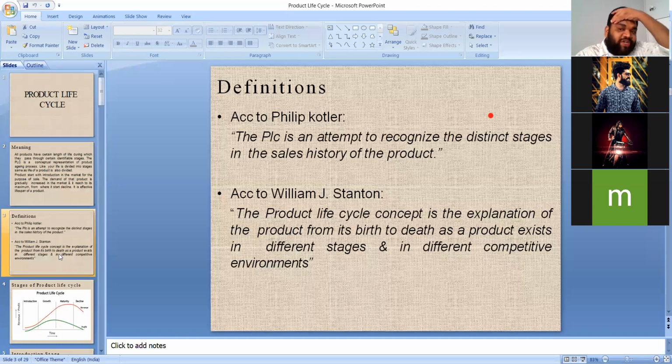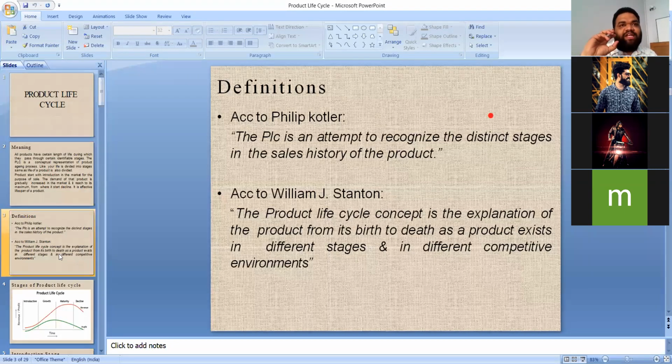From the birth, meaning the introduction of the product into the market, to the death, whenever it declines, that is the PLC. And he mentioned one more phrase: different competitive environments. That is what we call the PLC.